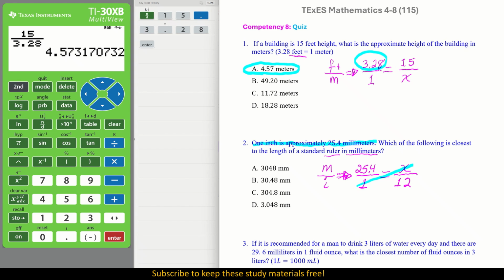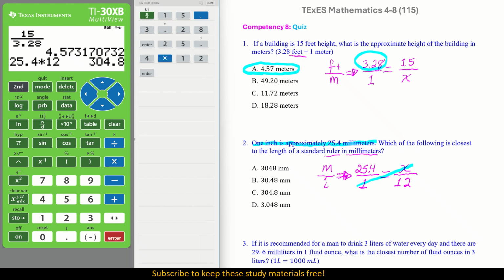So all I need to do is multiply those two values together and I have what I need. 25.4 times the 12. Now that gives us a good clean value that I didn't even need to round. And also notice that it is mm for millimeters.